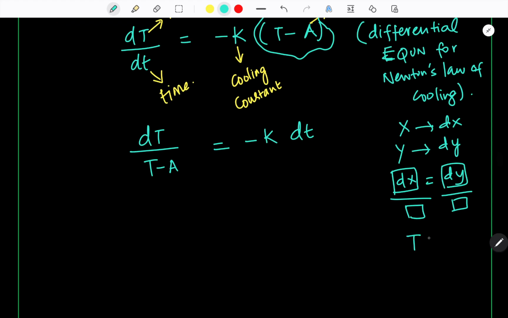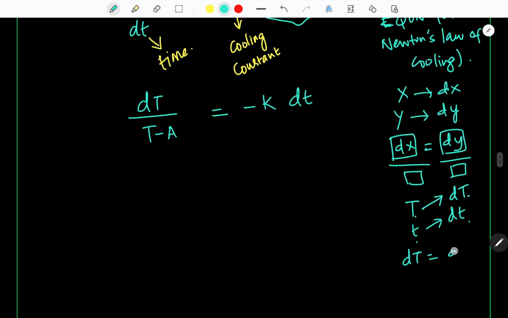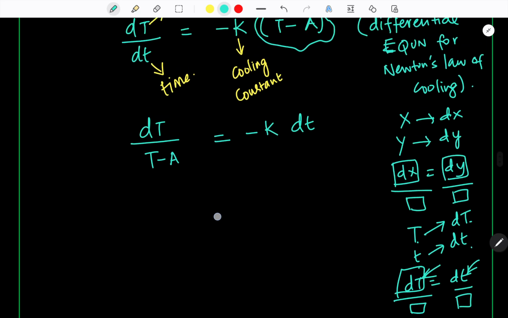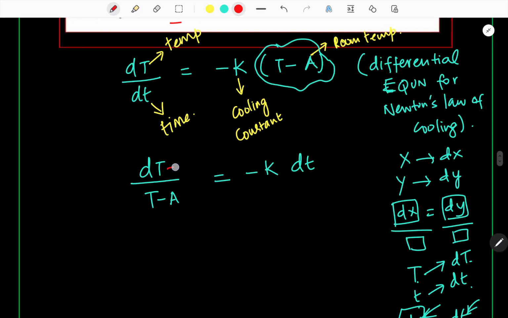Here T and dT, t and dt. Temperature goes with the differential of temperature, time goes with the differential of time, and this dT and this dt should be in the numerator. One is related to temperature, one is related to time. Here t is to the power 0, so dt is in the numerator.